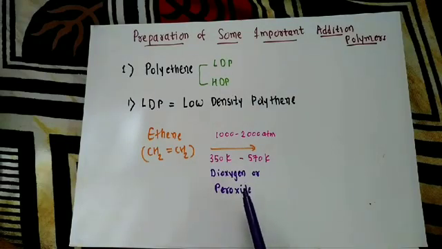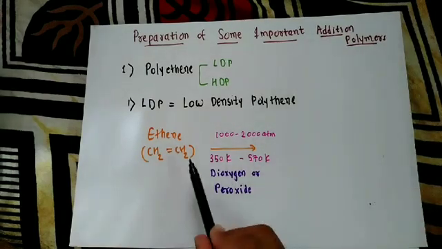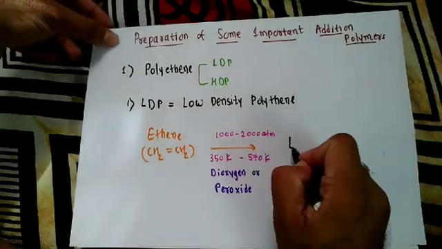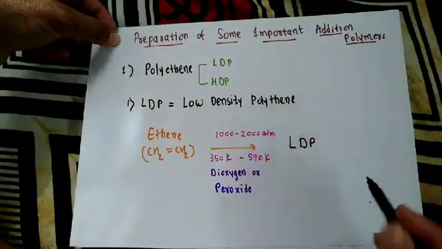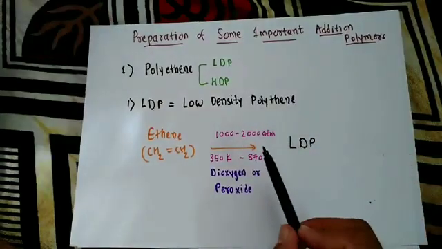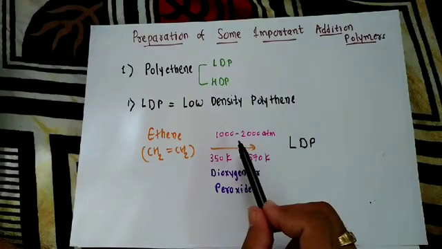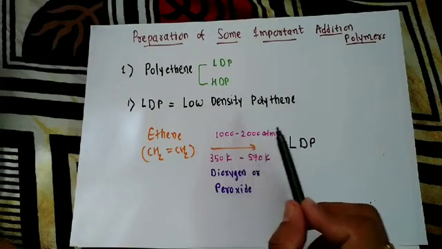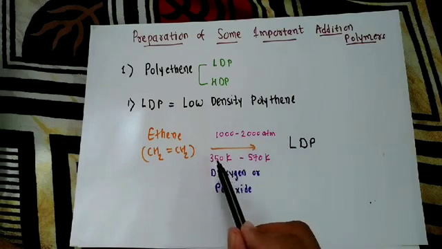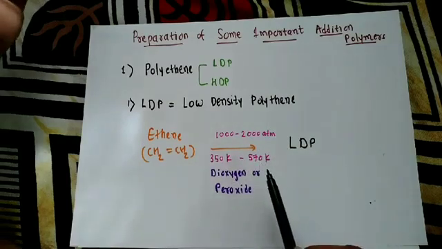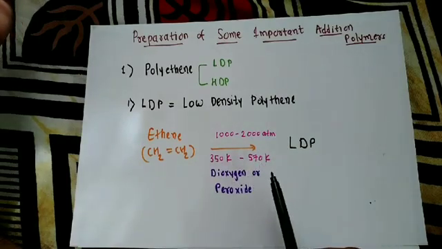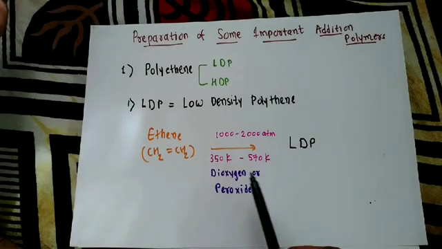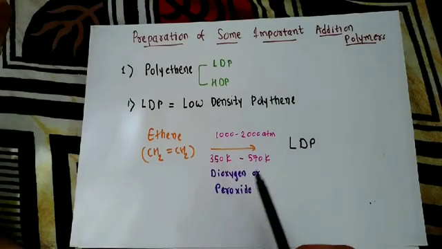So ethene will be converted into LDP, low density polythene. We need to remember the conditions: high pressure 1000 to 2000 atmospheric pressure, temperature 350 to 570 Kelvin, in the presence of an initiator or catalyst, which can be dioxygen or peroxide.